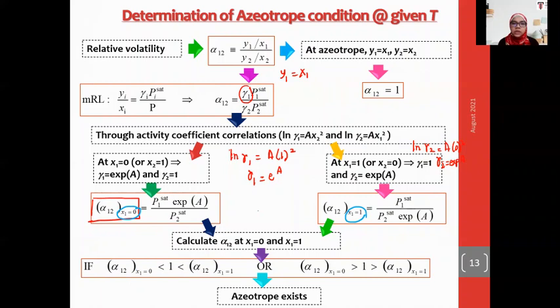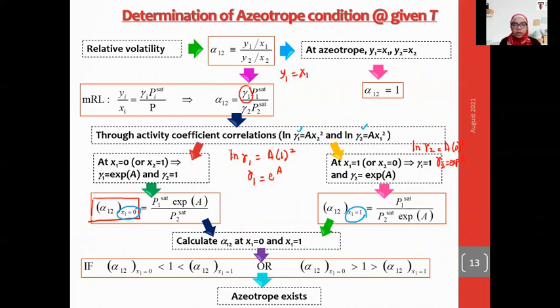So you may insert this into this correlation. For both here, because we have x1, you may get gamma 1 and also gamma 2. And then calculate the alpha 1,2 at x1 equal to 0 and x1 equal to 1.